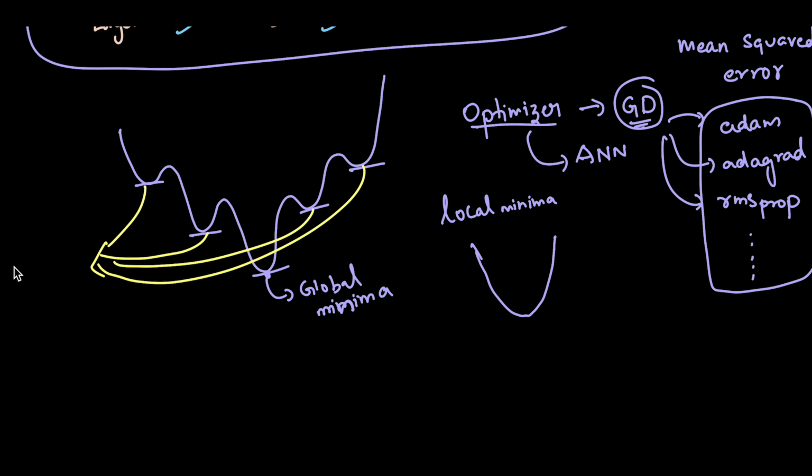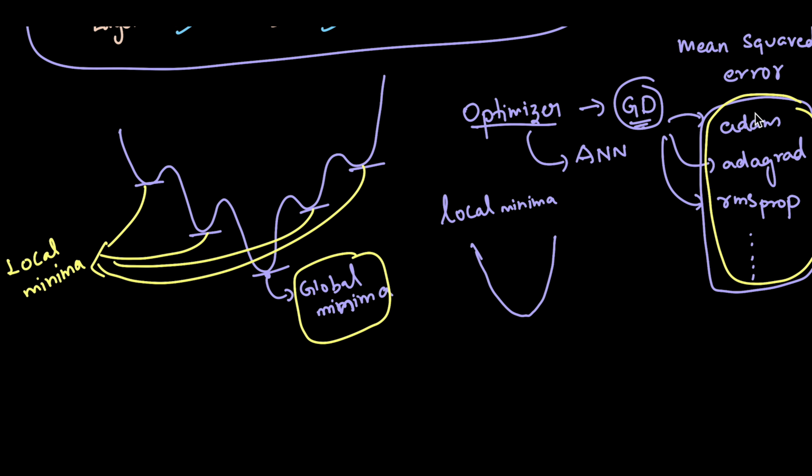So if you're using GD, we might stop at local minimas, and we might not reach this global minima. If we are using these optimizers, then there is a possibility that we might go near to global minima. Even these don't ensure that we'll reach the global minima for sure.